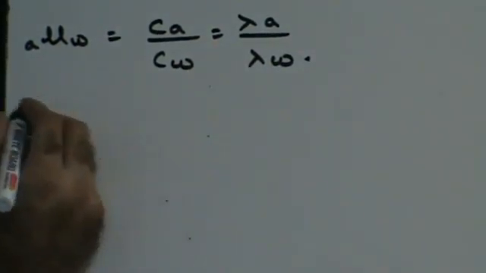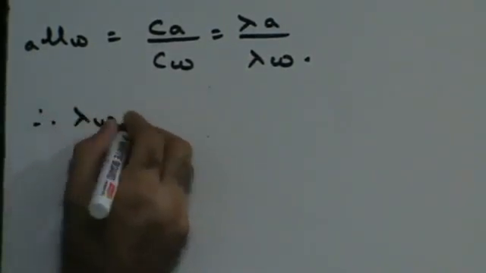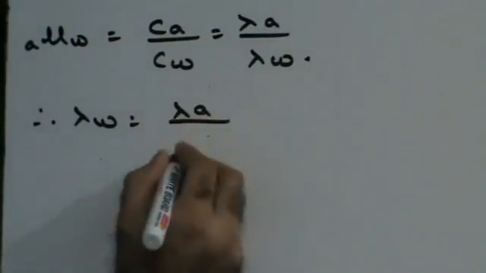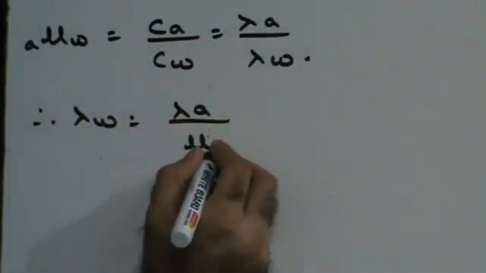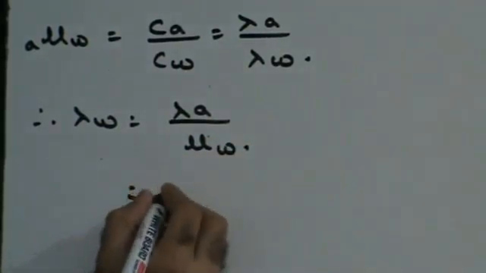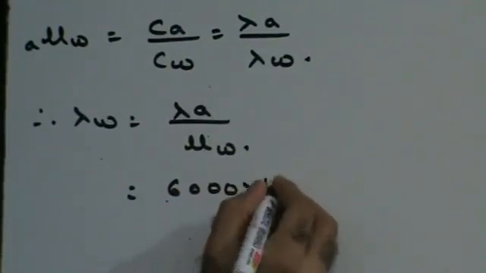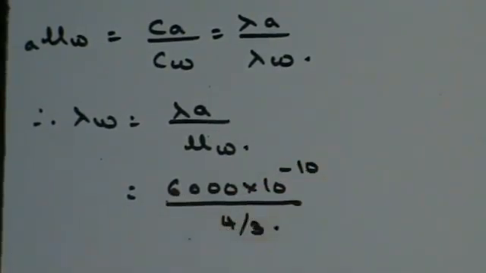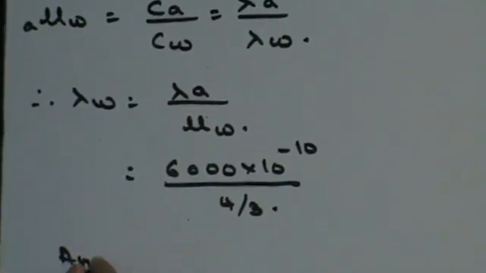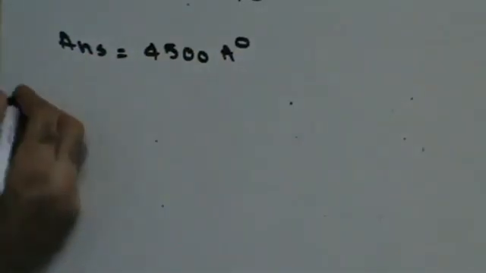In that case I can say that wavelength in water is equal to wavelength in air upon refractive index of water. So wavelength in air is 6000 into 10 raised to minus 10 upon refractive index 4/3. You can do your calculations now and get the answer. You should get the answer for this as 4500 Armstrong unit. Next, take on next sum please.